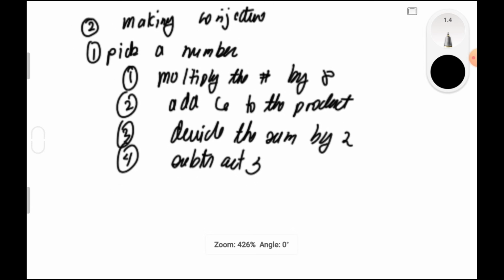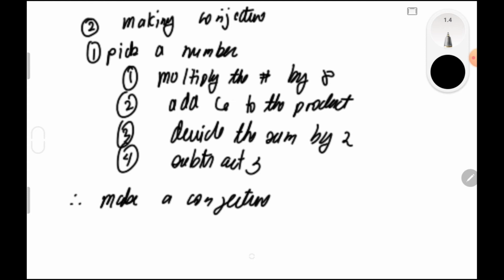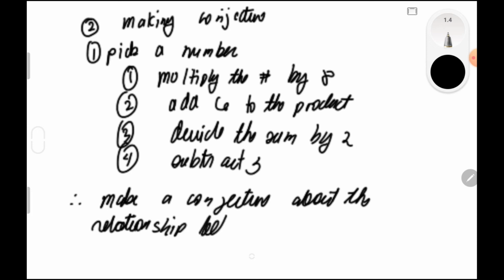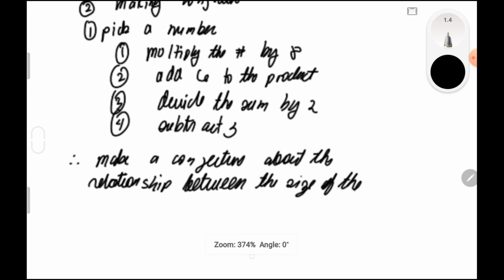So, ngayon, yung tanong is, make a conjecture about the relationship between the size of the resulting number and the size of the original number.